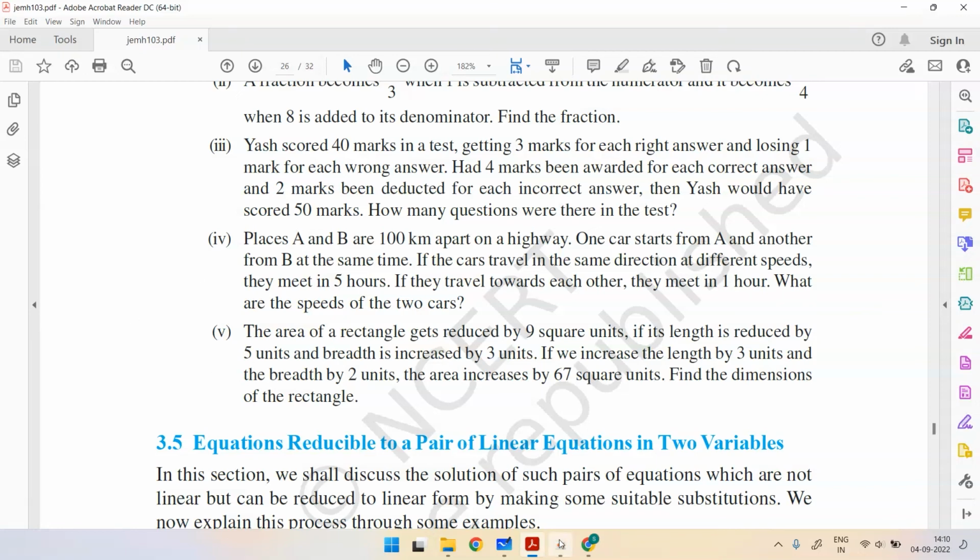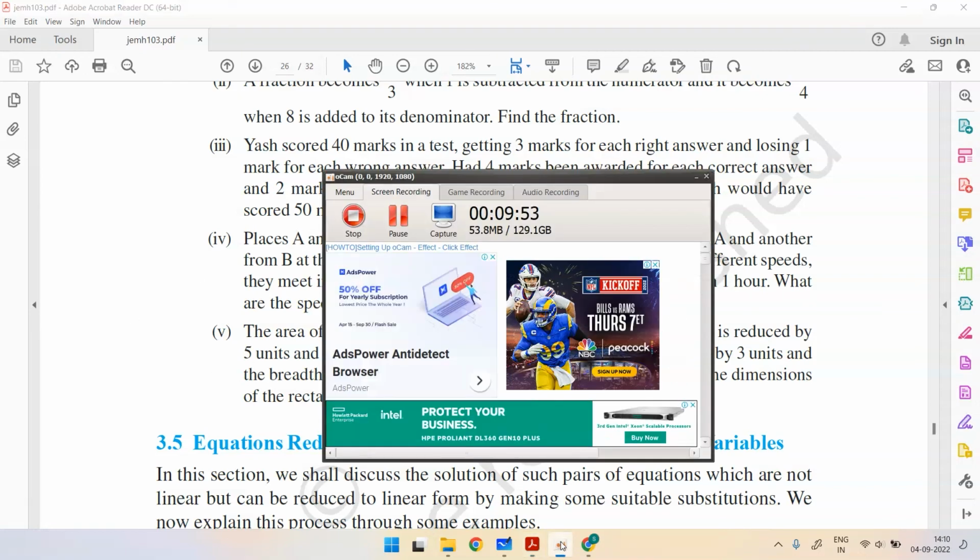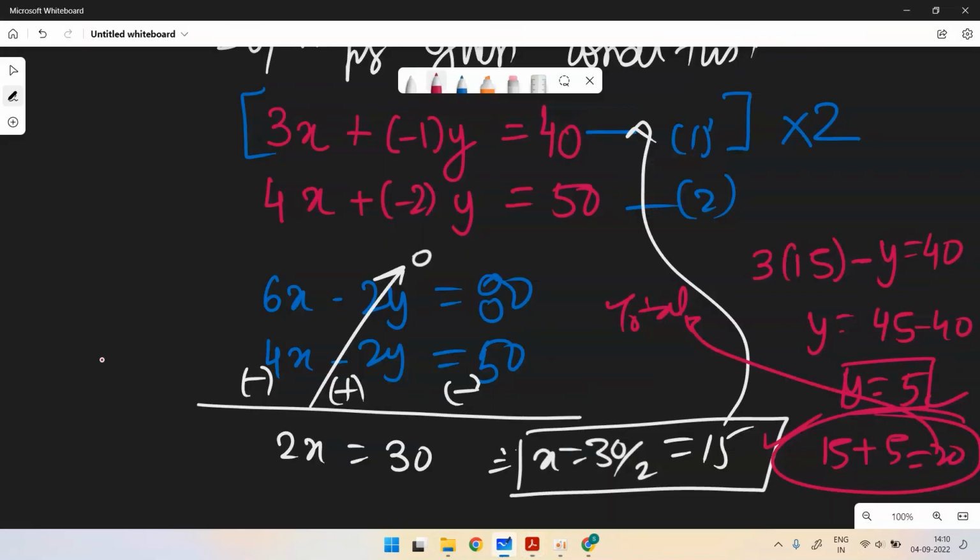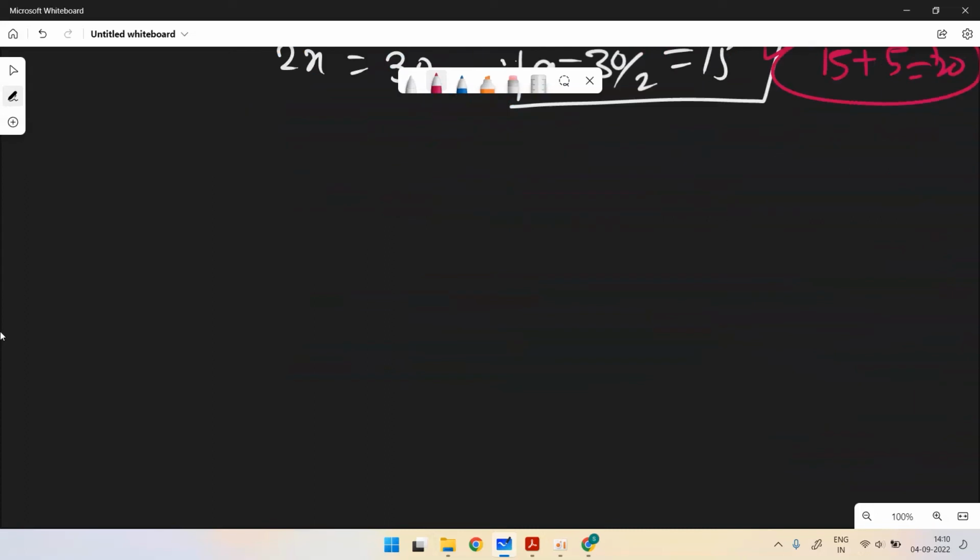So fourth, this is a good question. You need to analyze this. For this type of question, it is necessary to draw a diagram.